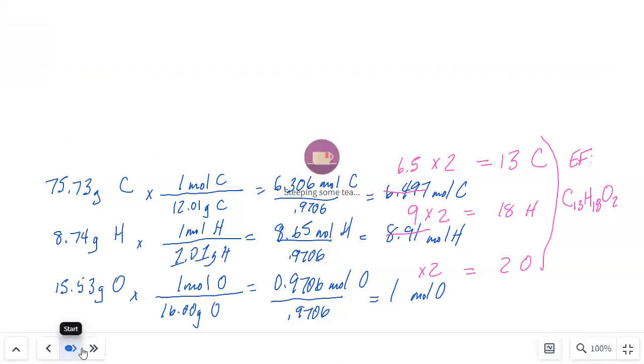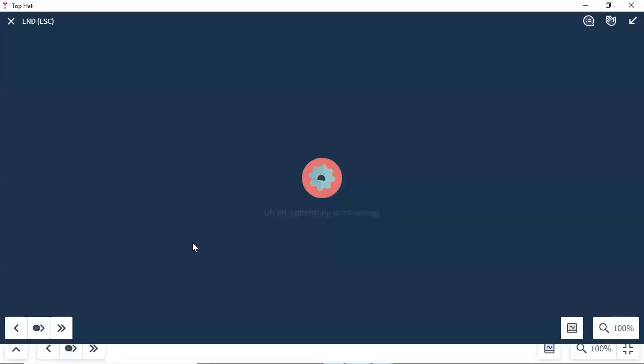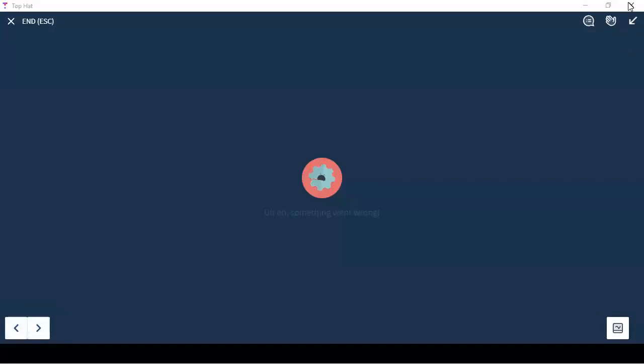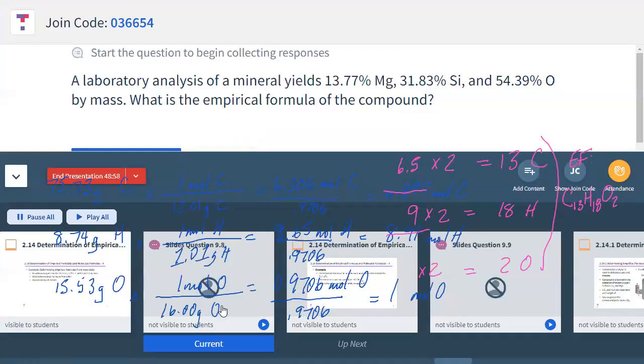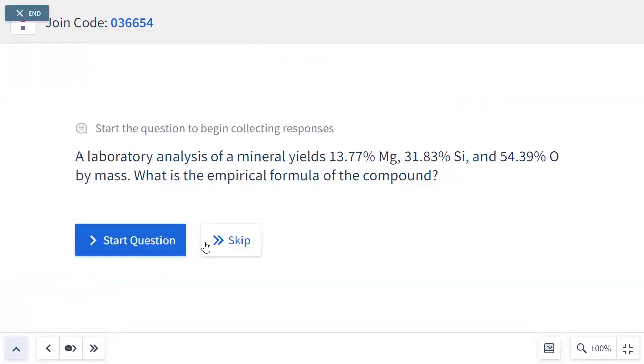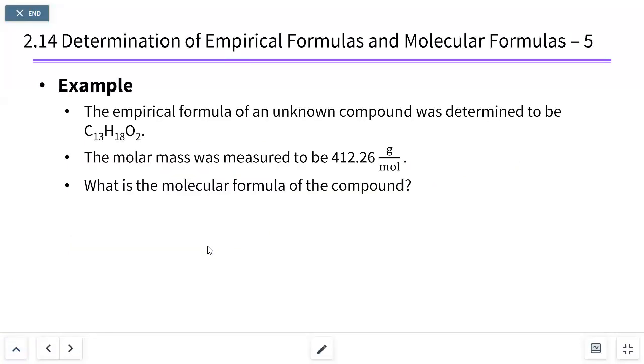Okay, let's take a look at a question here related to molecular formulas. When we're looking at molecular formulas, we need to find what I call the multiplier.